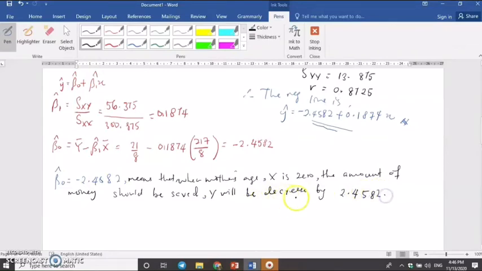Okay, so when you get this value negative, so instead of writing this negative, you buat this sebagai will decrease ataupun will be negative 2.4582, ataupun kat sini you boleh buat sebab dia punya harga tu in terms of ribu, right? So RM berapa?